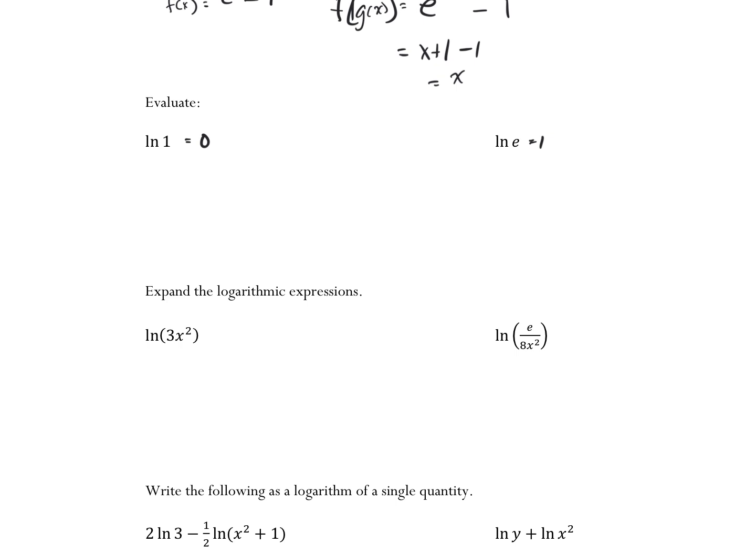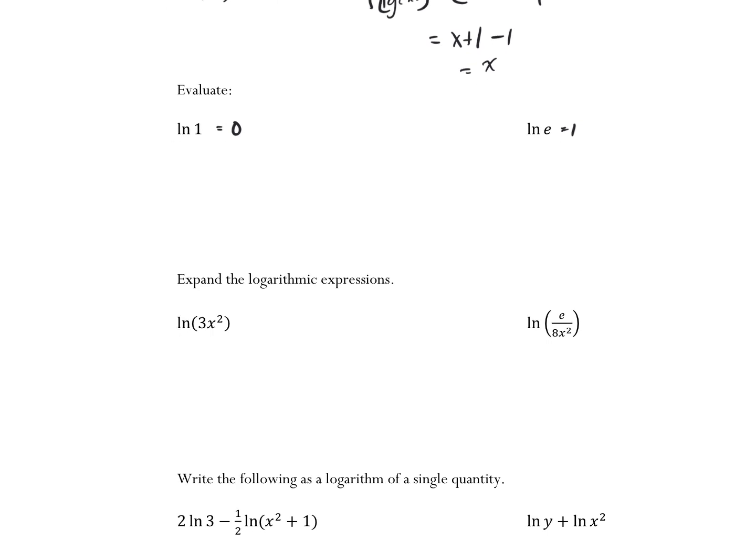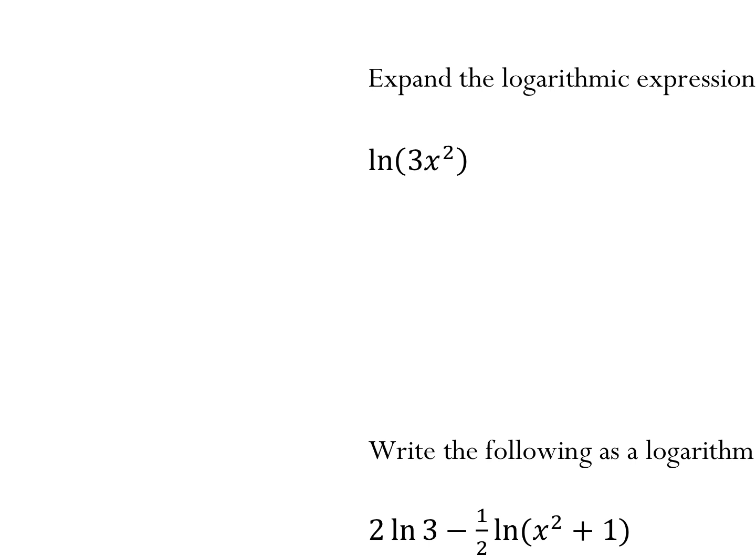Do you guys remember doing expanding and condensing? I remember doing it, but don't remember the rules? Okay. We're essentially going to be using 3 different rules. Let's say I have the log of 2 things being multiplied. These correlate with exponent rules. A reminder that logs are exponents.